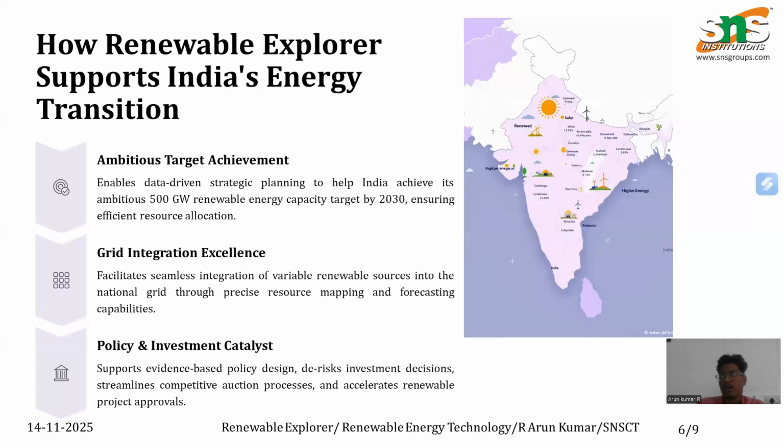Grid integration excellence facilitates the seamless integration of variable renewable energy sources into the national grid through precise resource mapping and forecasting capabilities. The policy and investment catalyst supports evidence-based policy design, de-risks investment decisions, streamlines the competitive acquisition process and accelerates renewable energy approvals.